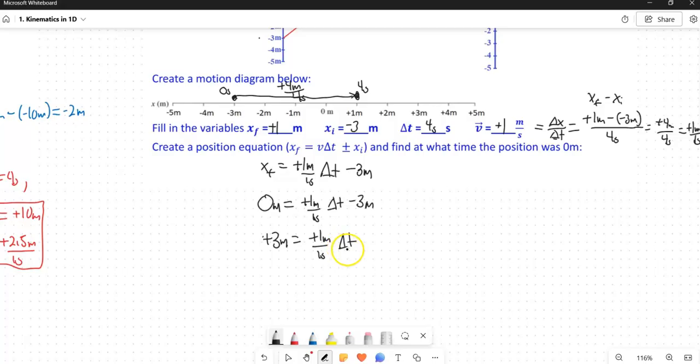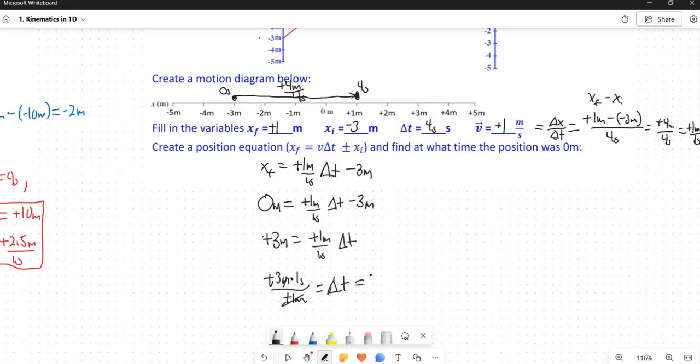And then we're going to multiply both sides by 1 second, and then divide both sides by positive 1 meter. The meters are going to cancel out, and we're going to get 3 times 1 second.